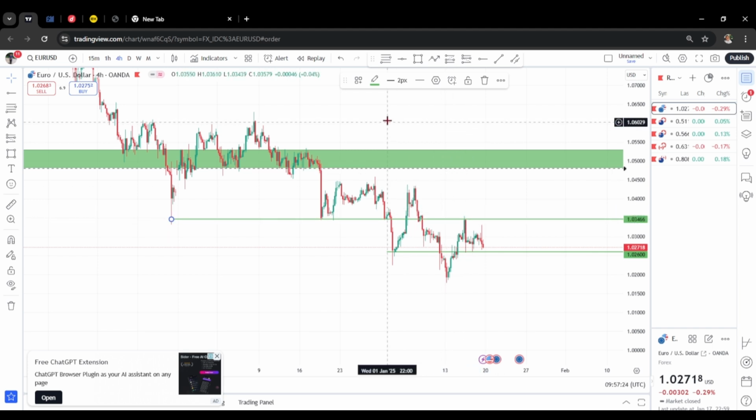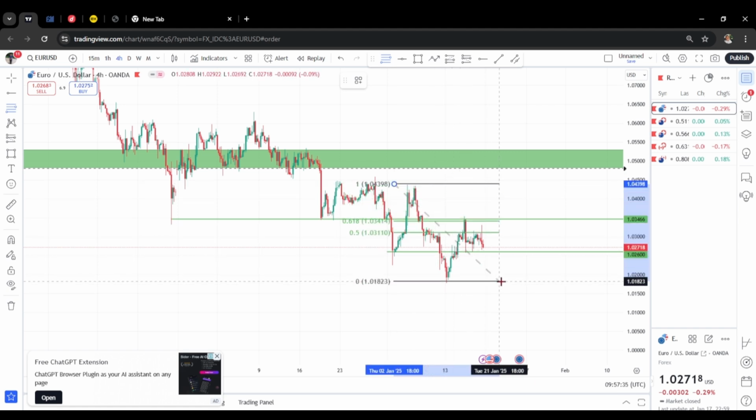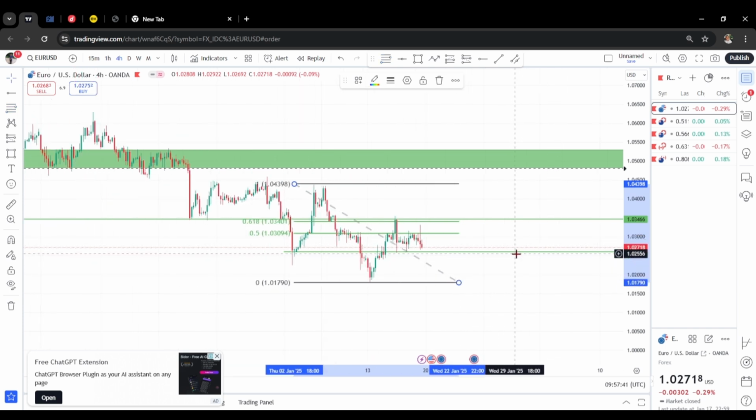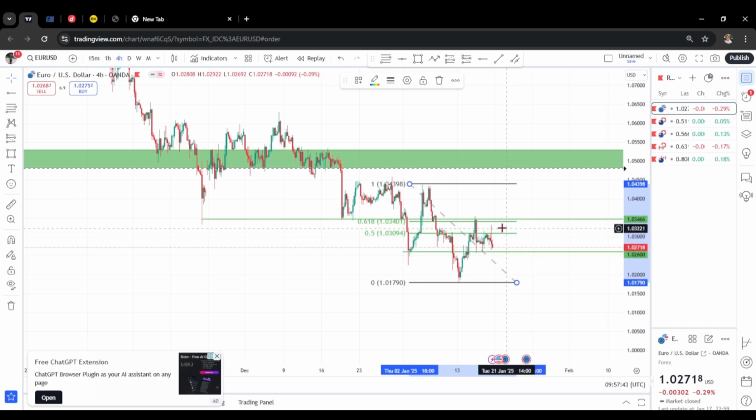I now brought out my Fibonacci tool and drew it from the previous lower high to the recent lower low. And as you guys can see, it retraces back to the 61 and 50 Fibonacci retracement.